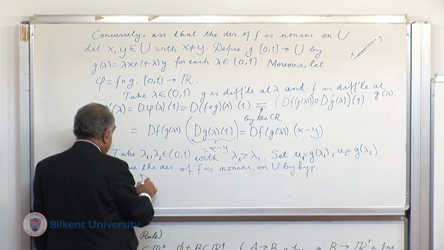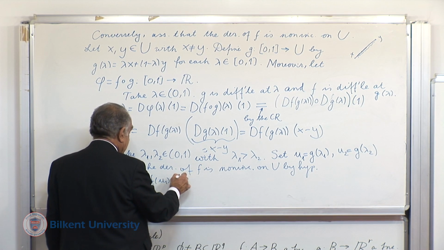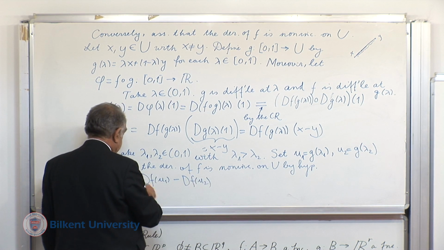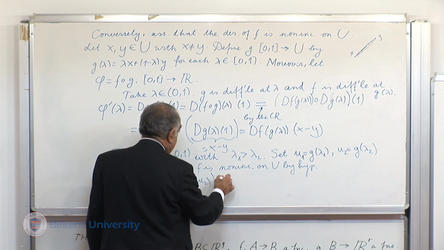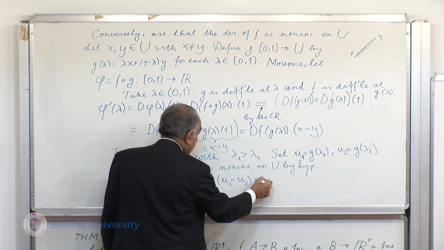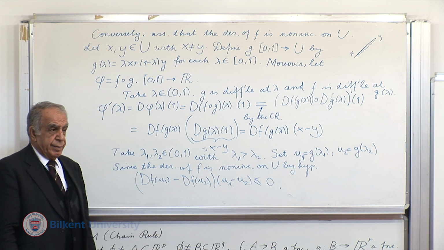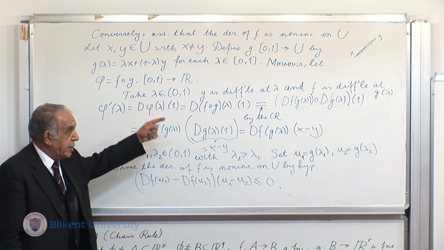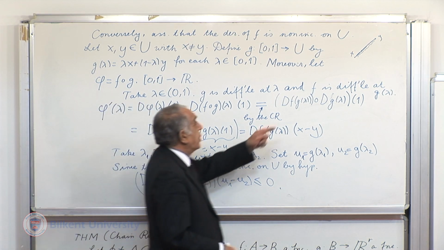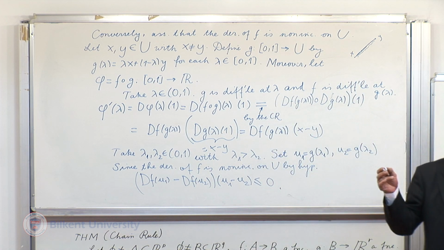We will have df u1 minus df u2, evaluated at u1 minus u2, this will be less than or equal to 0. This is just by definition of the derivative being non-increasing. U1 and U2 are points on this line segment, thus they're points in U.